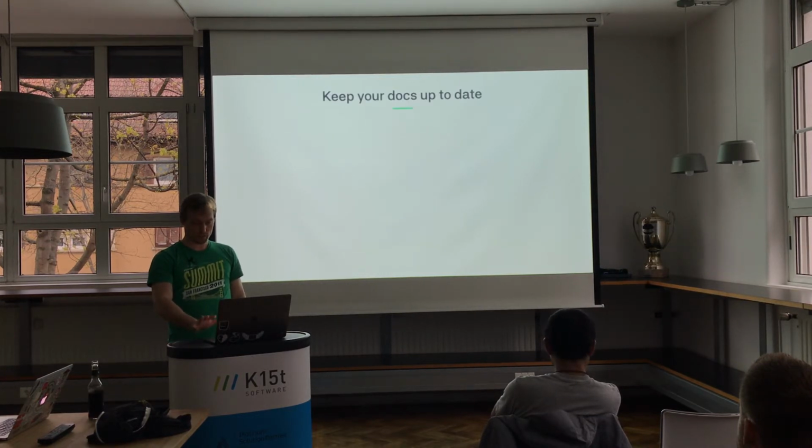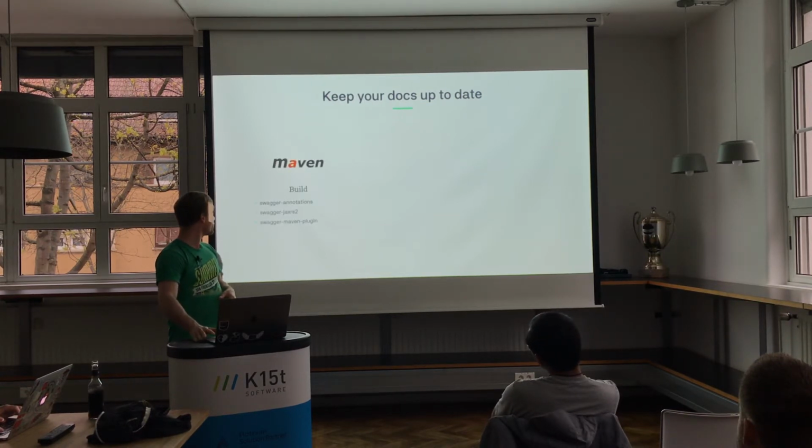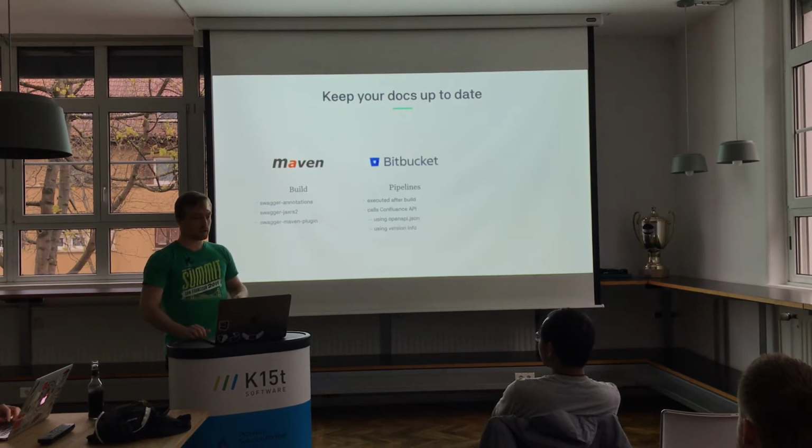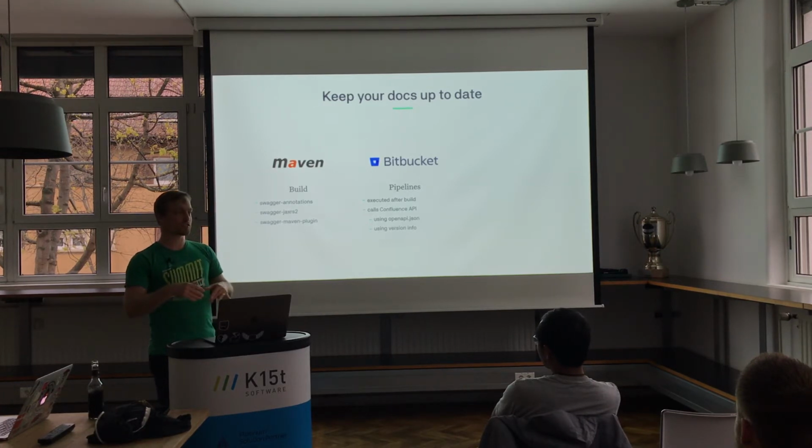So my simple approach to make our docs a little bit better was to incorporate what we just saw in our Maven build process. Whenever we build a release, it's tagged in Bitbucket. We're using Bitbucket as a Git repository. And whenever we receive this tag event, we execute a pipeline in Bitbucket, which then does the whole Maven build again, in this case just to generate the OpenAPI JSON.